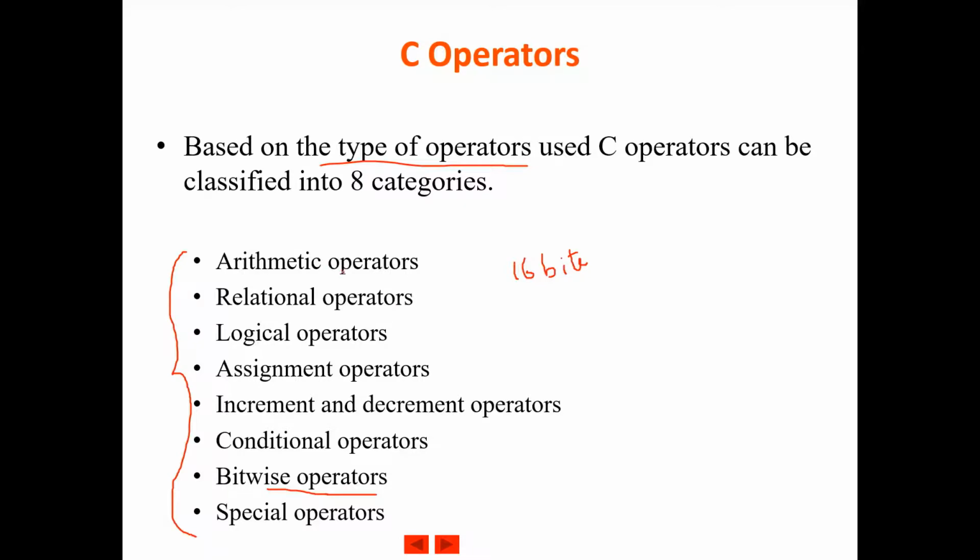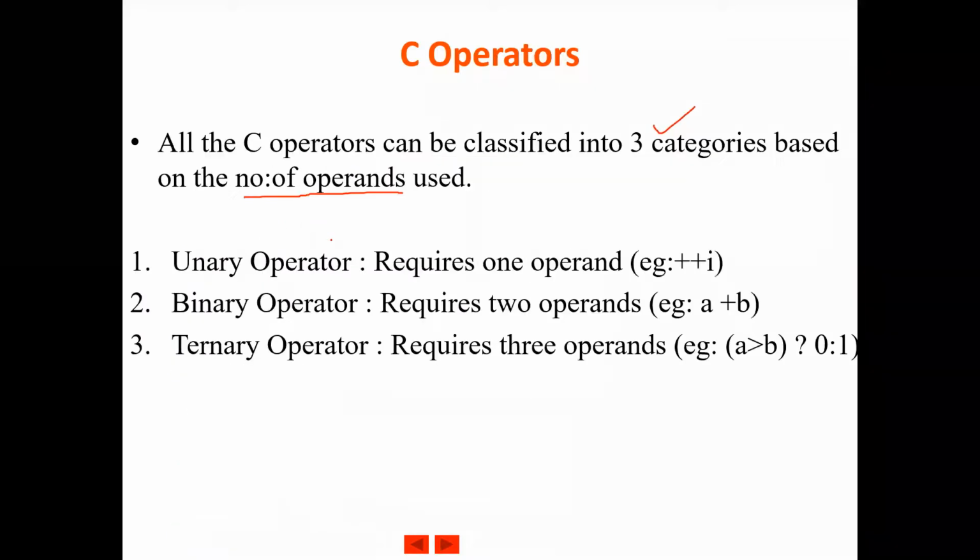Conditional operator is an example of a ternary operator. Addition and subtraction take only 2 operands, so it is a binary operator. Depending upon the number of operands used, we can categorize all the above operators into these.